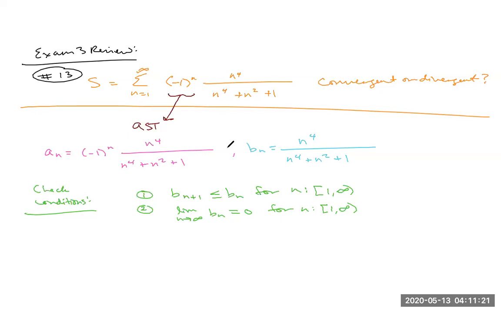So basically what we're going to do from here, we're going to check the first condition. Let me just explain this a little bit. Essentially, it's saying that you want your next term to be less than your previous term. So like you want B sub 1 to be greater than or equal to B sub 2, greater than or equal to B sub 3, and so on and so forth.